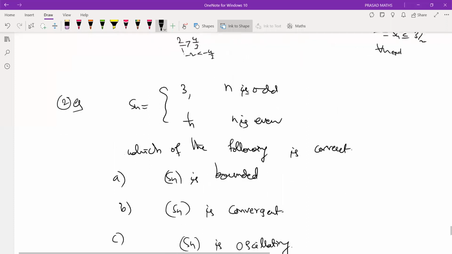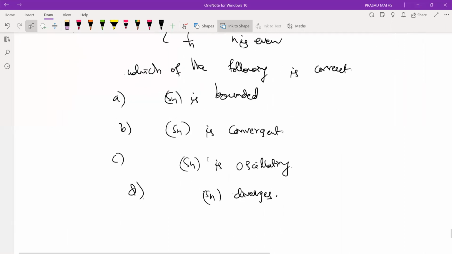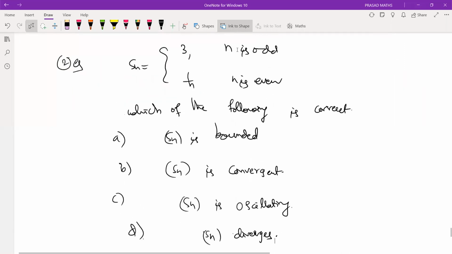Yeah, use the chat box. Naresh Kumar Chandra says 1 and 2 are correct.